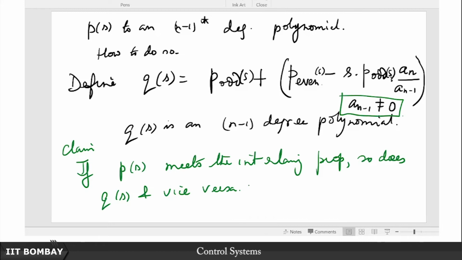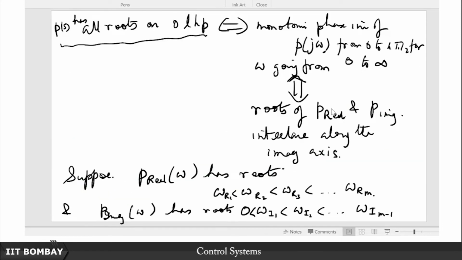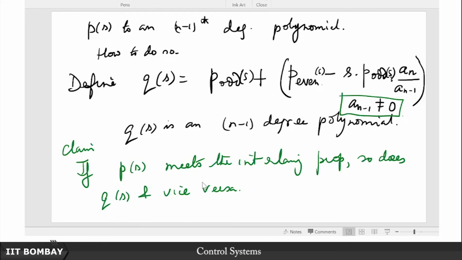Remember a few minutes back what I said? I said that we want to keep reducing the degree of the polynomial through our algorithm, and if the original polynomial had the interlacing property, which eventually means from that flowchart diagram we have given here, that it has always roots on the open LHP. So now we are claiming that we have found a way of doing this.